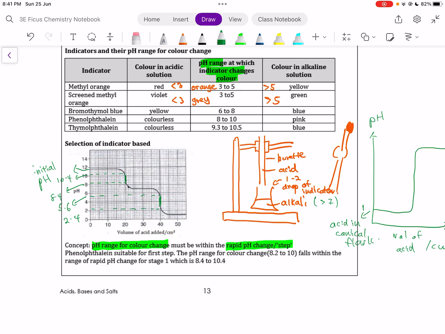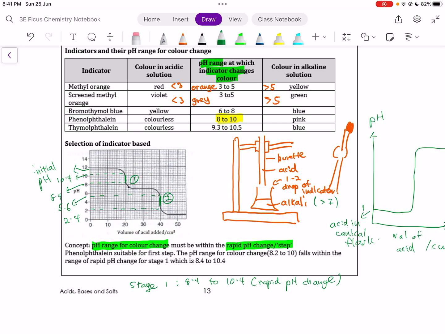So we use phenolphthalein for stage 1. Why is it so? Because phenolphthalein is 8 to 10, which is within 8.4. Let's call this stage 1 and this stage 2. The stage 1 rapid pH change is from 8.4 to 10.4. The concept is to choose an indicator that changes color within this range.